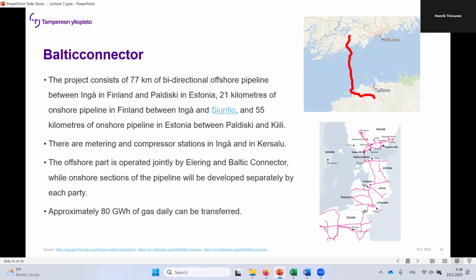Finland is managing the pipeline on its own side when it's offshore and onshore, so on land. Estonia the same, but this is managed together. And I'm not really sure about that, but I'm guessing 80 gigawatt hours of gas daily can be transferred. That's a number that I saw.